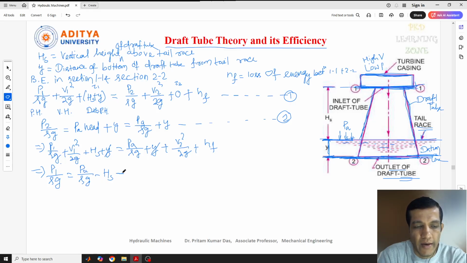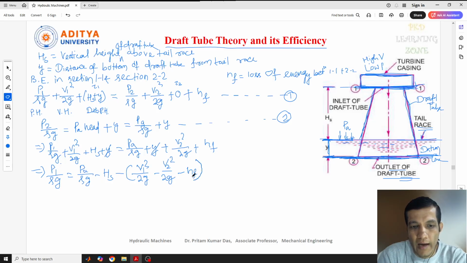Then taking minus common, V1 square by 2g goes to the other side: minus V1 square by 2g minus V2 square by 2g, minus HF.